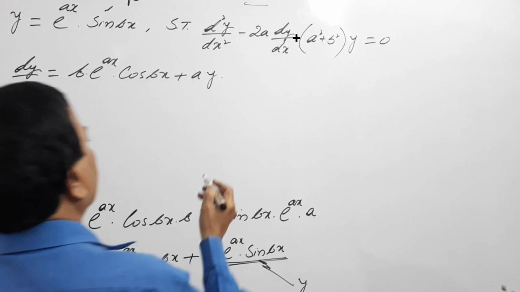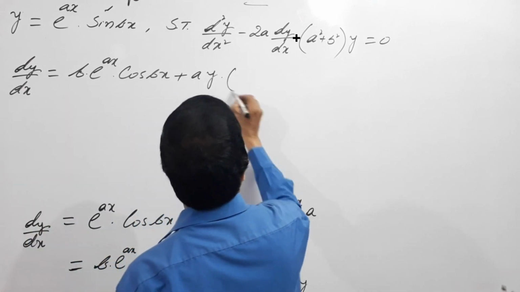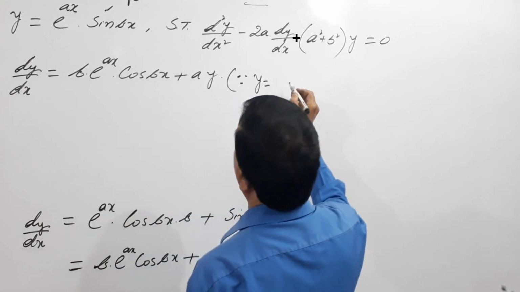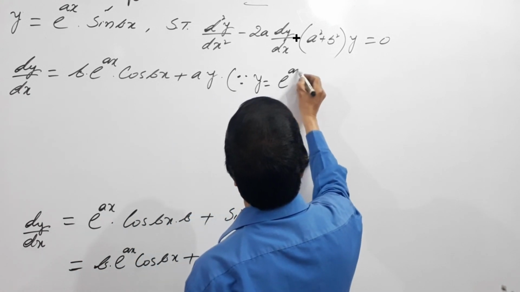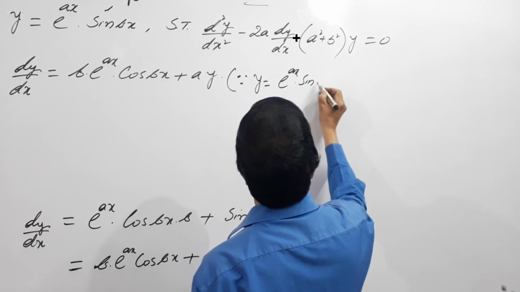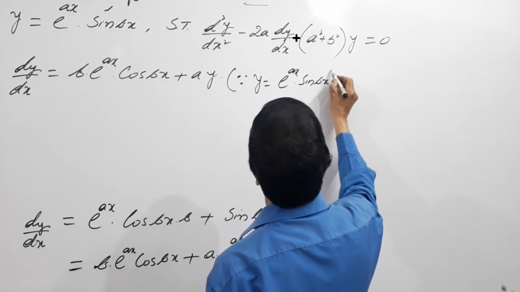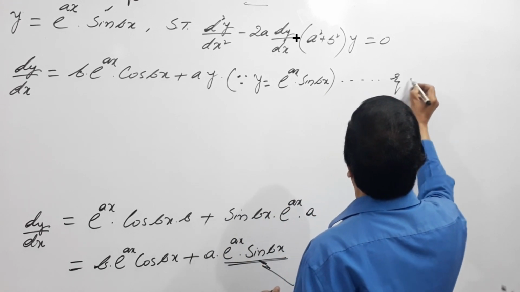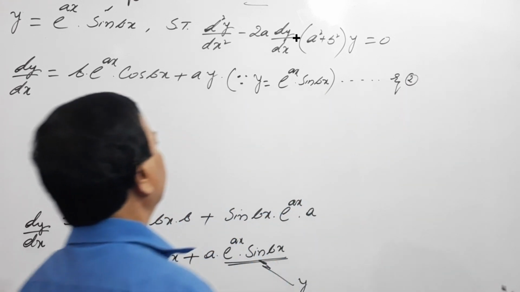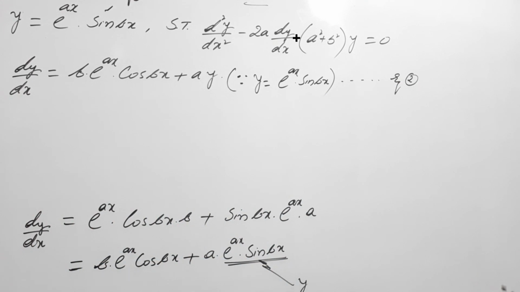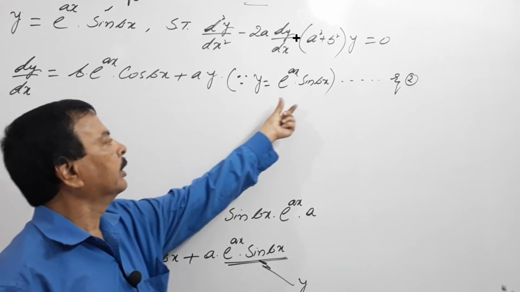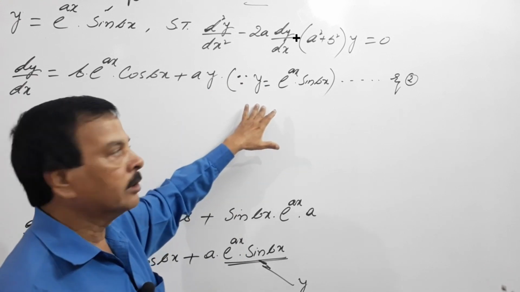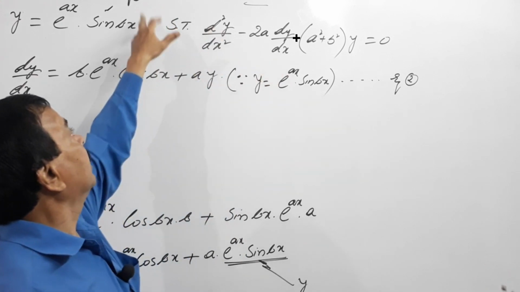Since y equals e to the power of ax into sin bx, I call this equation 2. So this y is because of e to the power of ax. I have shown you this. Now I call this equation 2 and the earlier one equation 1.